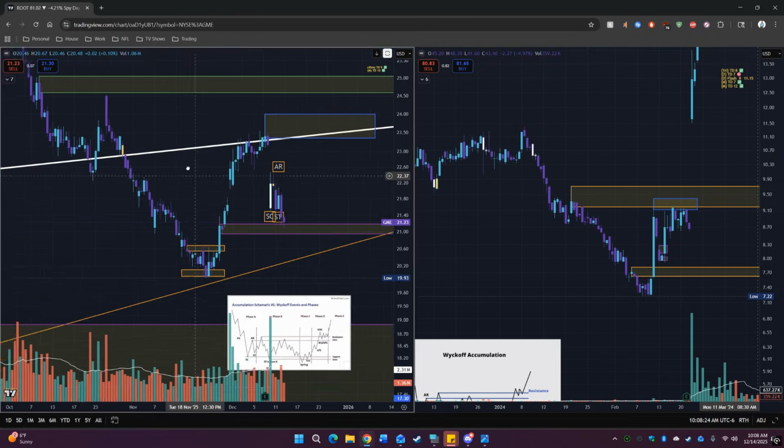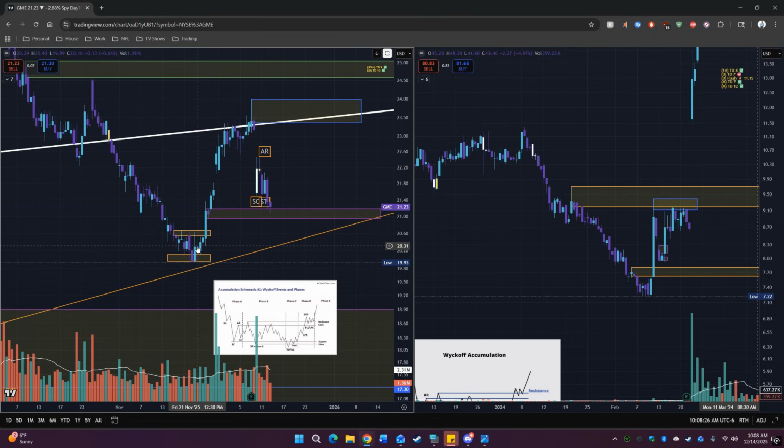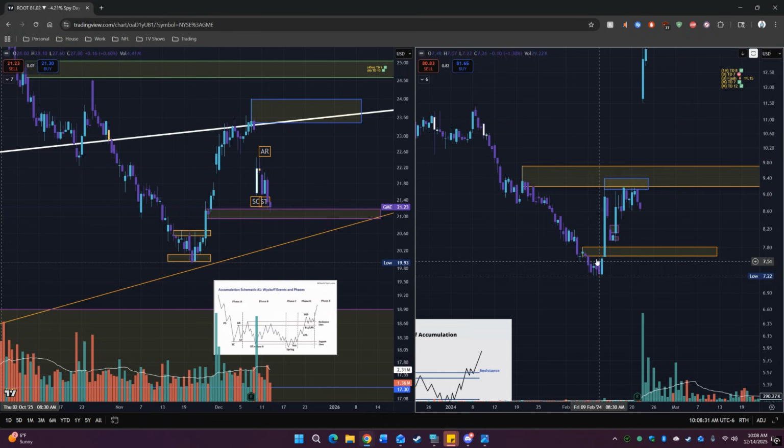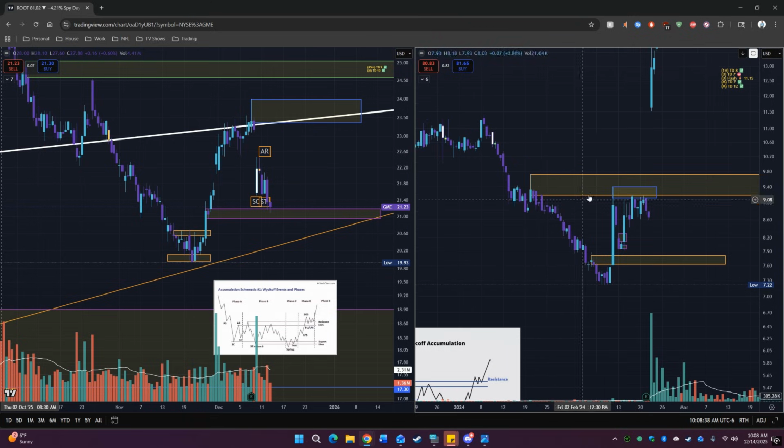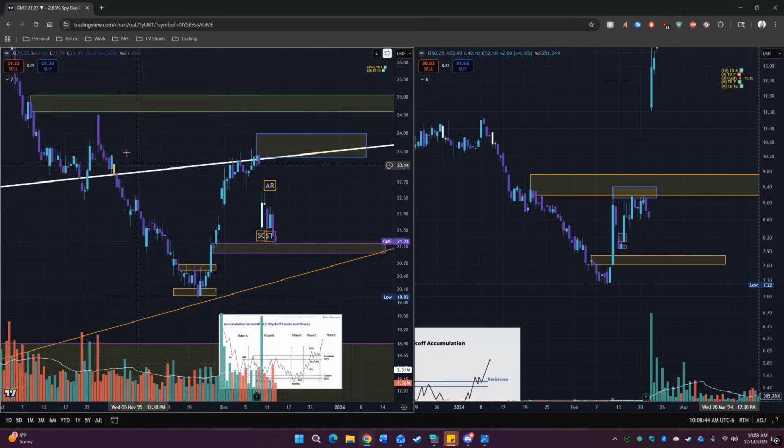It continued its way down, found its base, made a little accumulation in both. And then it broke the range, came back and tested the previous area of interest where that stop loss hunting occurred. Ultimately, it ran into it and then failed.